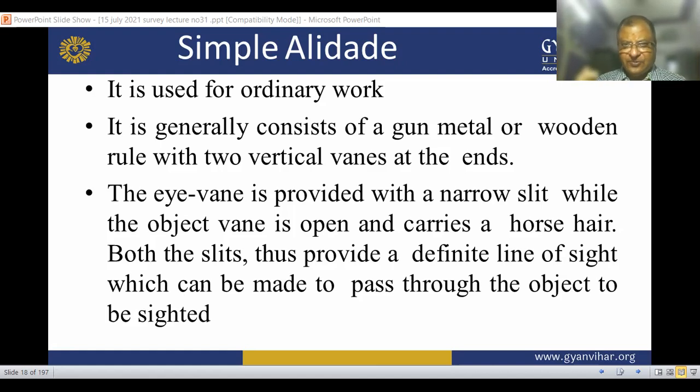The eye vane is provided with a narrow slit, and the object vane is open and carries a horsehair, and both the slits provide a definite line of sight, which can be made to pass through the object being sighted.